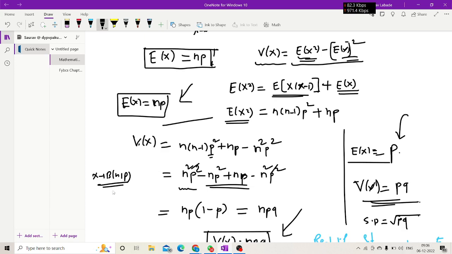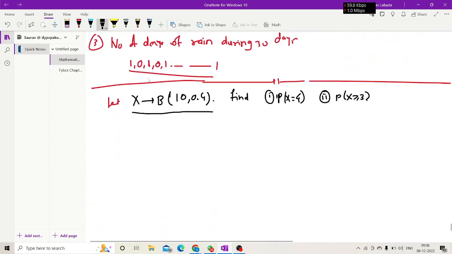That is the notation. From this, I can simply find the values. What is given? This is my notation, so from this I can find the values of n and p. Then tell me, what is the value of n?